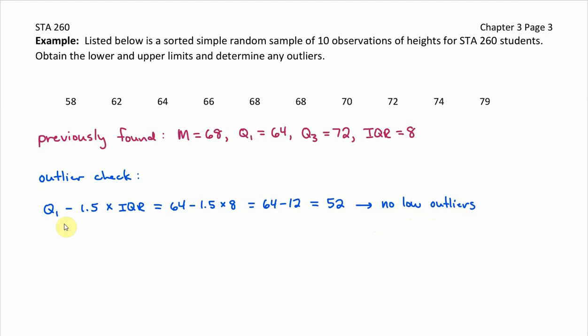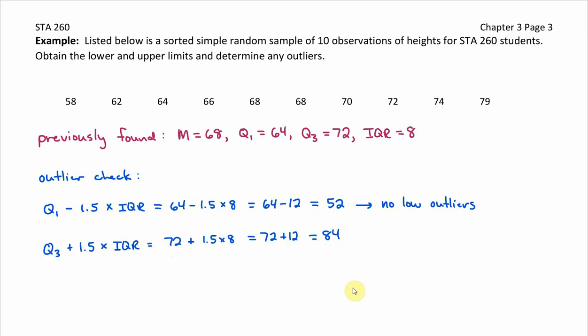And then we can check the upper fence. The upper fence would be the third quartile plus 1.5 times the interquartile range. So that's going to be 72 plus 1.5 times 8, so that's 72 plus 12, which is 84. Then we do the same thing on the other end: anything beyond 84, which would be above it, would be an outlier.